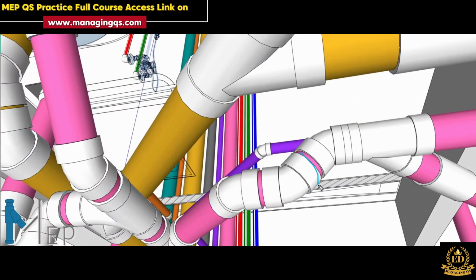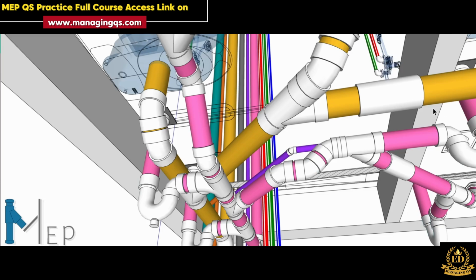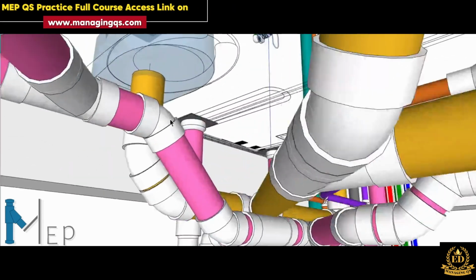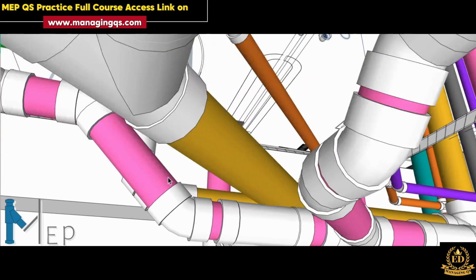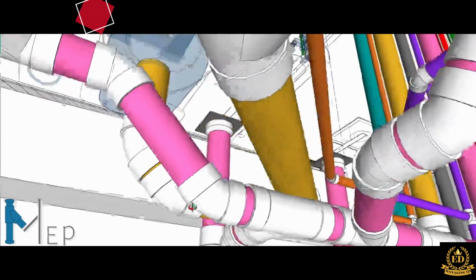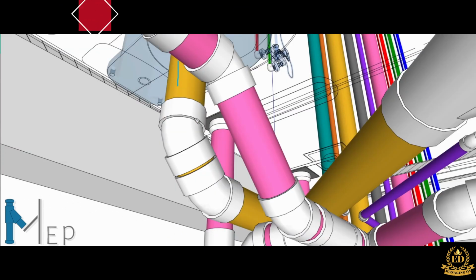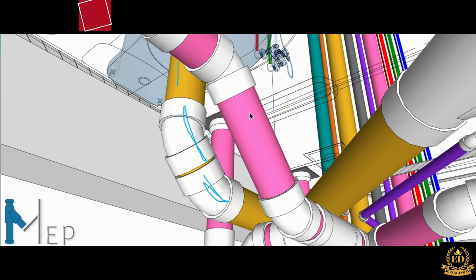This one is also an elbow. So it is a little bit complicated, but if you learn properly, then you can manage. We can also see another elbow here, and another elbow here. On this yellow color pipe we can also find these elbows. These are the two elbows.